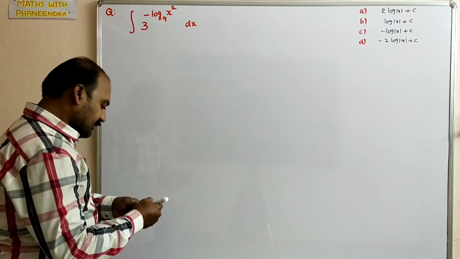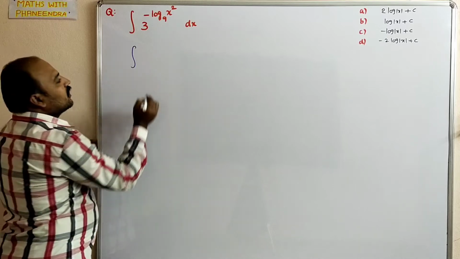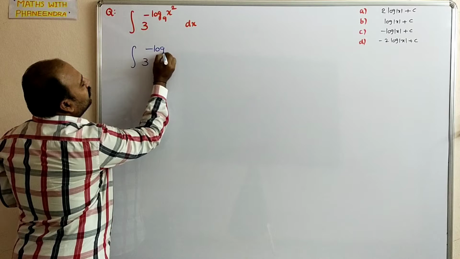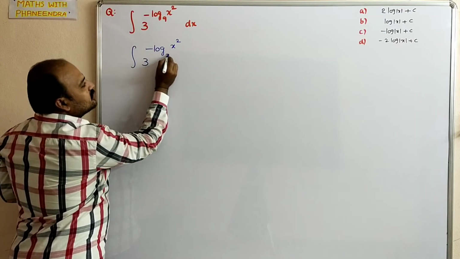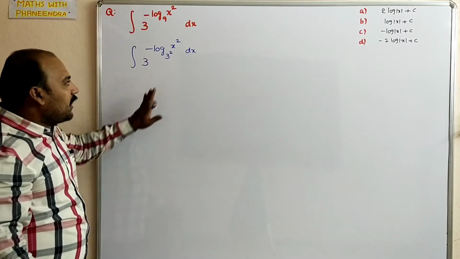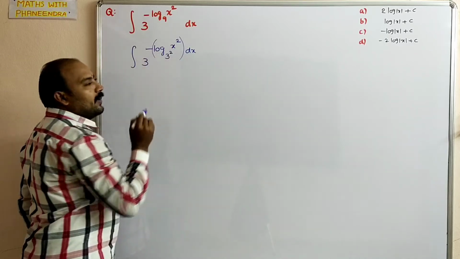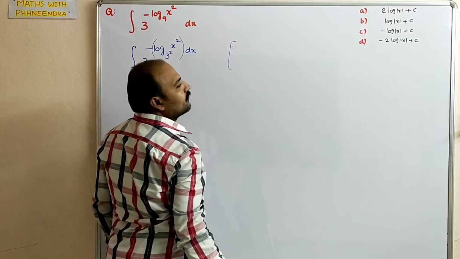So here first, integral 3 power minus log x square 9 can be written as 3 square into dx. After writing this step, by using a formula, we have the formula from logarithms.